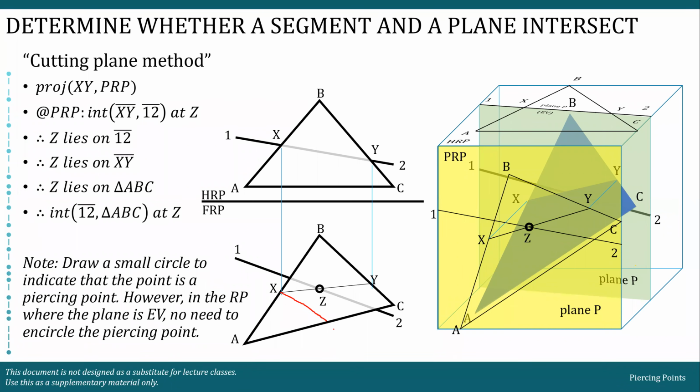Kunyari lang, this is not the right example, pero pag pinroject mo, segment 1, 2 will not intersect XY. Or pwedeng nandito din siya. Pag ganyan yung cases, ibig sabihin, hindi na-pierce nung segment mo yung plane na yan.